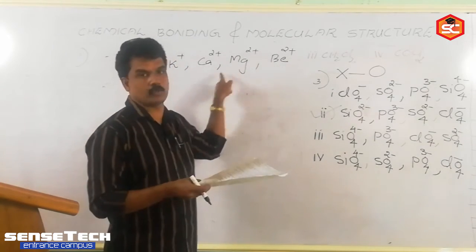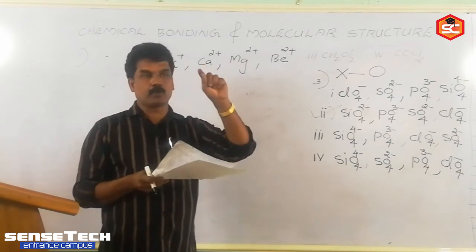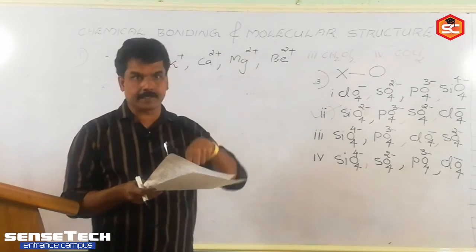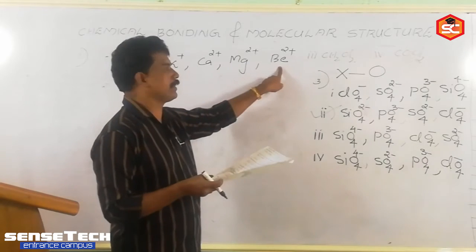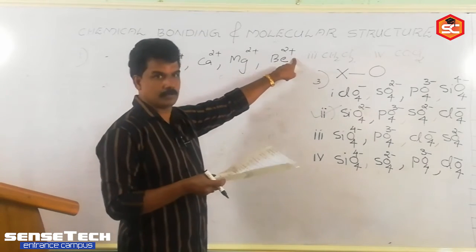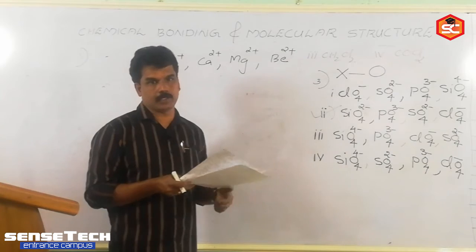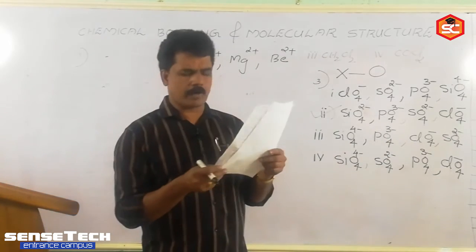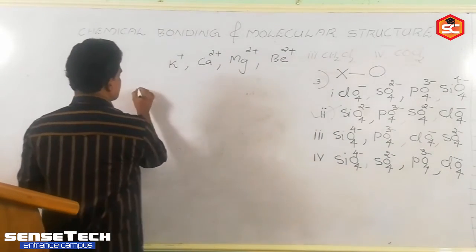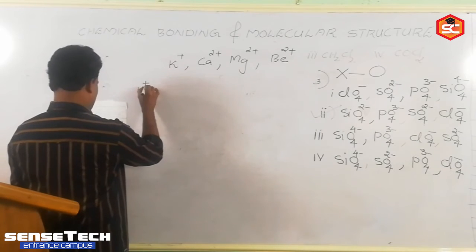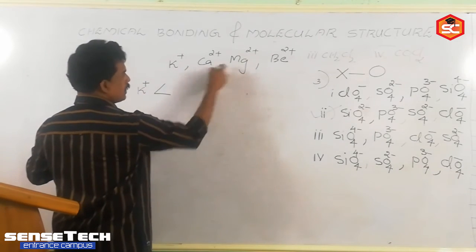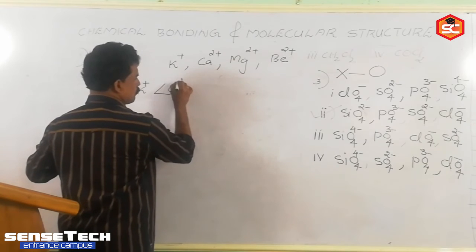Potassium and these are second group elements in the periodic table. Left to right, atomic size decreases. So the least one is Be, having 2 plus. Charge increases, polarizing power increases. Size decreases, polarizing power increases. So the least one is K plus, potassium, large size. Then calcium, which has a larger size than magnesium.